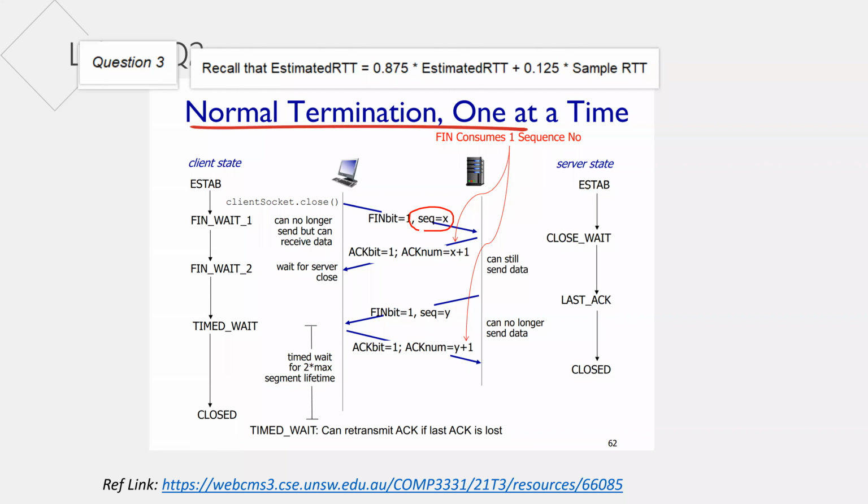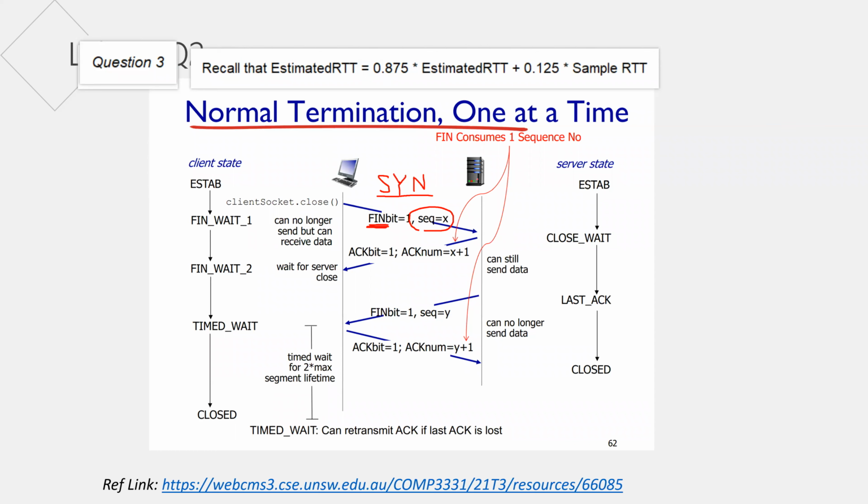And yeah, the other question is why the sequence number equals X plus 1 when the data length is 0? Yeah, it depends. If we are sending a SYN or a FIN, I'm not sure if you still remember the SYN and FIN. The SYN means establish a TCP connection, and the FIN means close a TCP connection, right?